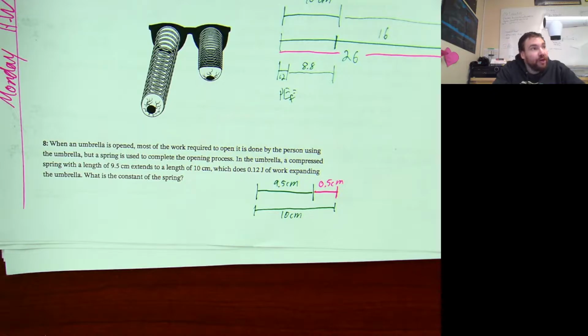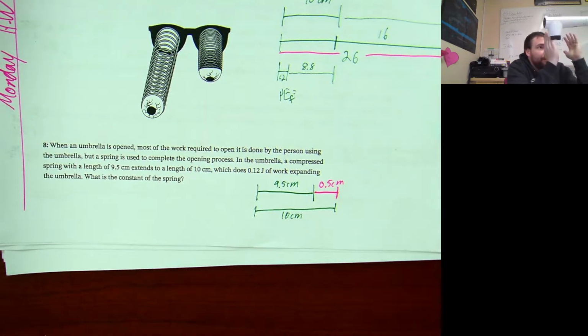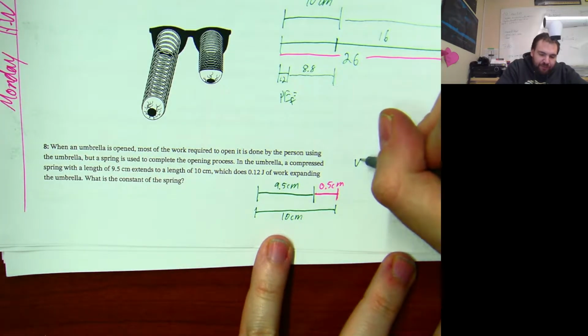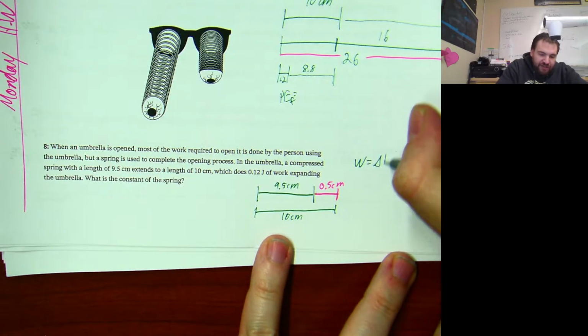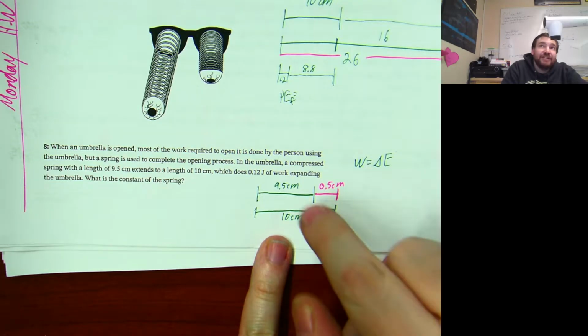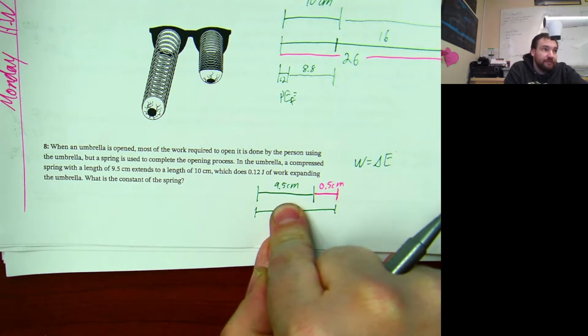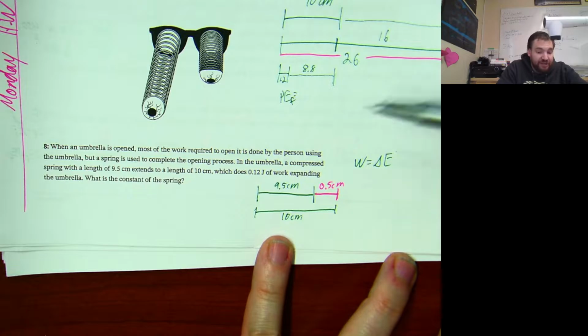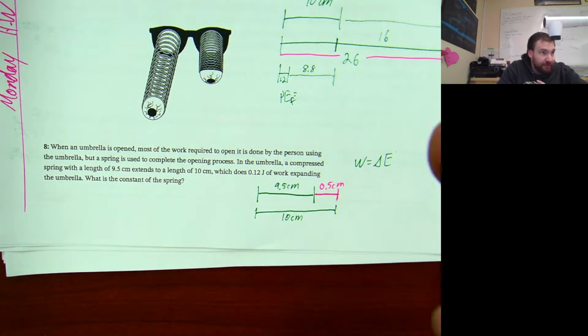Now, to do work, the spring is going to decompress, right? It means it goes from its compressed length to its regular length. That's what it means to decompress. So work is equal to change in energy, and the kind of energy it has to start is going to be potential energy because of the compression of the spring.